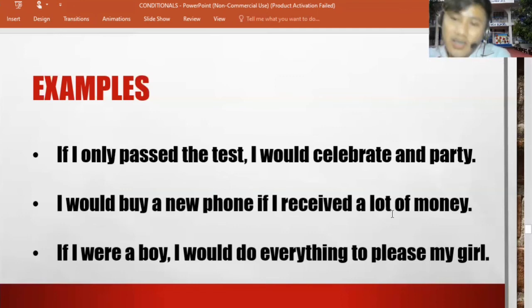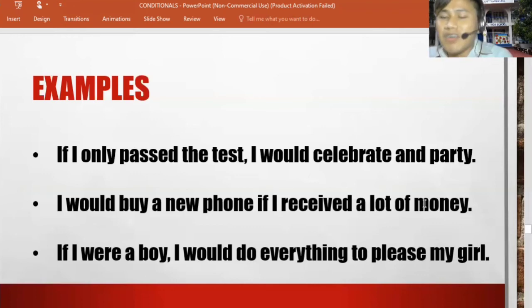What if not? These are things that are not possible to happen, actually. More likely in our situation nowadays amidst the pandemic, and besides we're studying in public school because our parents cannot afford to send us to private schools, right?